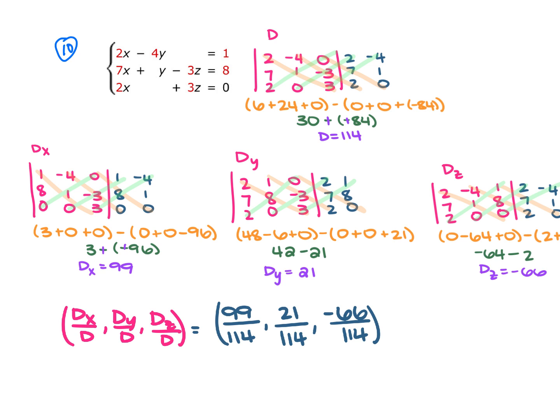You need to simplify all the way with this. So that 99 over 114 does simplify to become 33 over 38. The 21 over 114 simplifies to be 7 over 38. And the negative 66 over 114 simplifies to be negative 11 over 19.